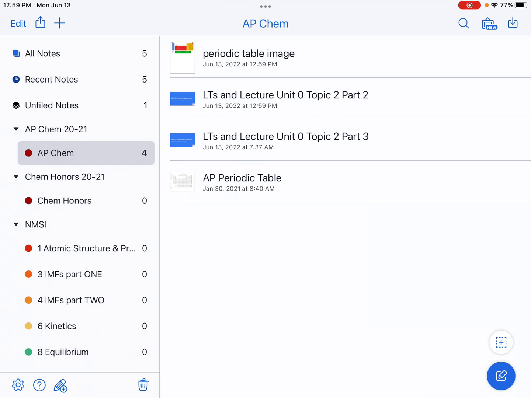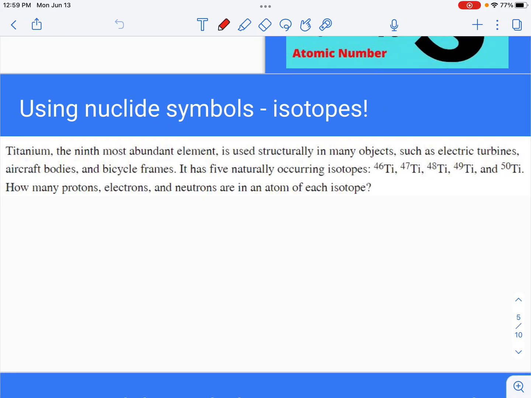So when we're looking at this, then I need to picture that titanium symbol should be 22 and then whatever the mass number is. Okay, so all of these atoms of titanium would have the number of protons would be 22. And since they're all atoms, none of them have charges, then the number of electrons is also 22.